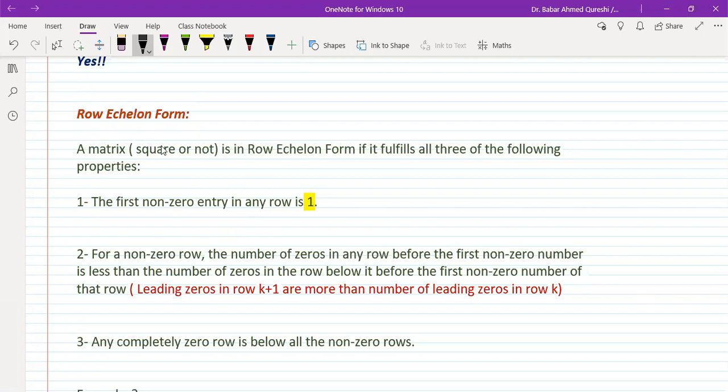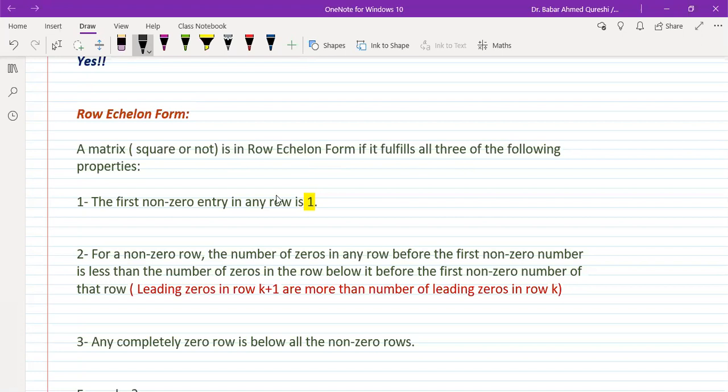A matrix, it doesn't have to be square. I could talk about the augmented matrix as well, or any other matrix. Square or not, is in row echelon form. So the staircase form is given a fancy name, row echelon, if it fulfills all three of the following properties.